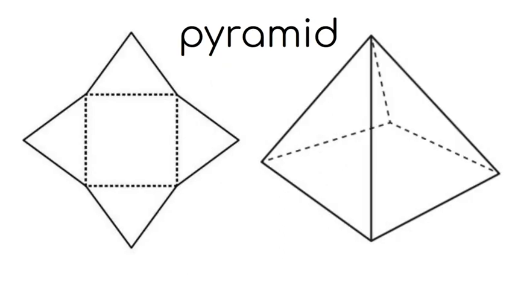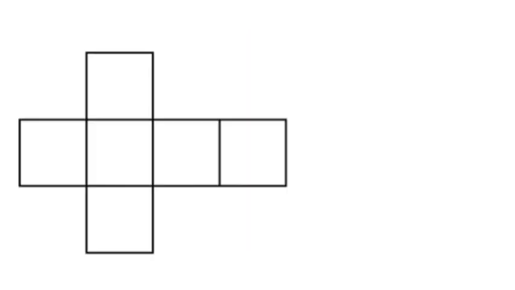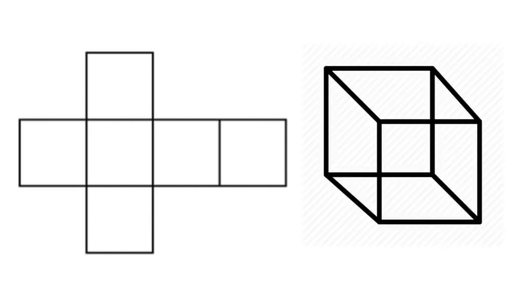If we look at this pyramid, if we take it apart and look at its different pieces, we can see the bottom is a square and the sides are triangles. The cube. The cube is made of 6 squares. Put them all together and you can make a cube.